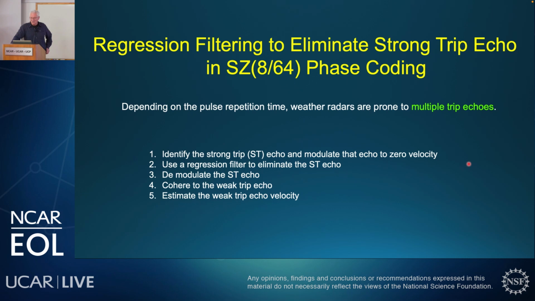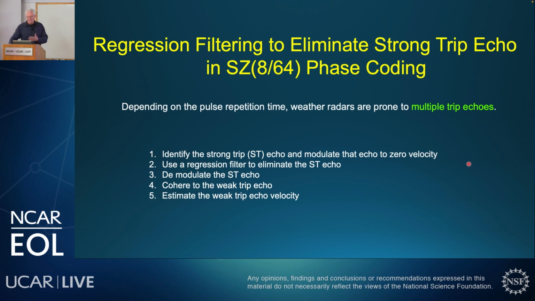What phase coding does is you put a phase onto a transmit pulse, the right phase in the right order. As you know, as a signal goes out and comes back, you receive the signal, but that pulse that you transmitted continues on out into space, and you can get multiple trip echoes coming back at you. So you get these overlaid echoes.